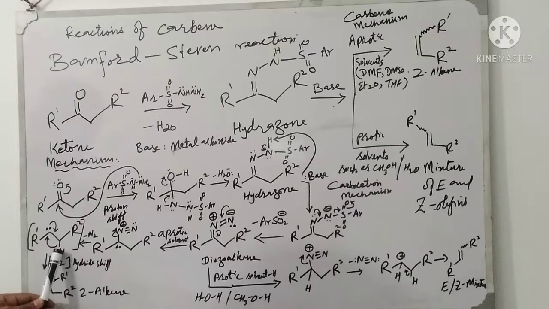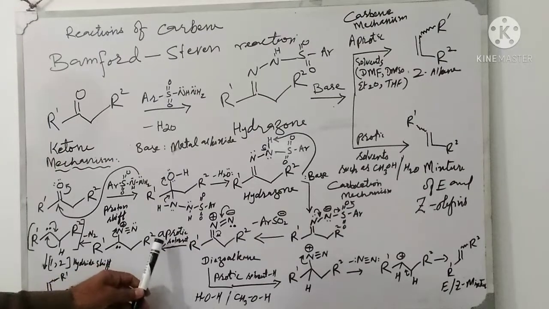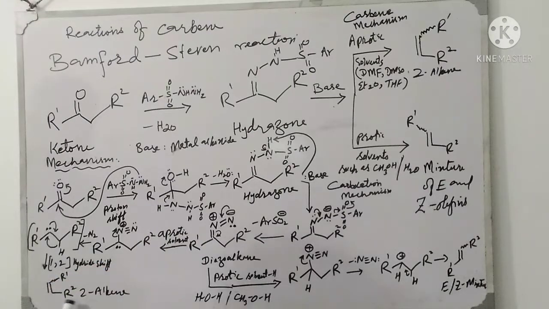So this hydrogen atom with its bonded pair of two electrons is shifted over here, and these two valence electrons of the carbene are shifted here to make the double bond, basically the alkene. Here, as we said, in the presence of the aprotic solvent, Z alkene is formed exclusively or predominantly, and a small amount of the trans alkene. So this is the first case.